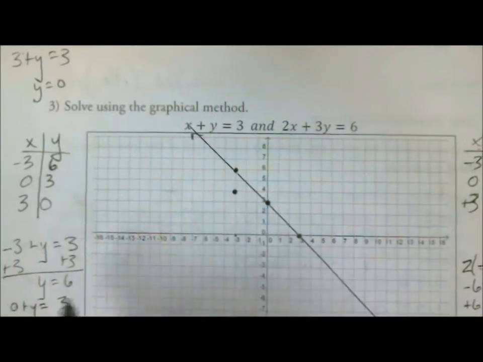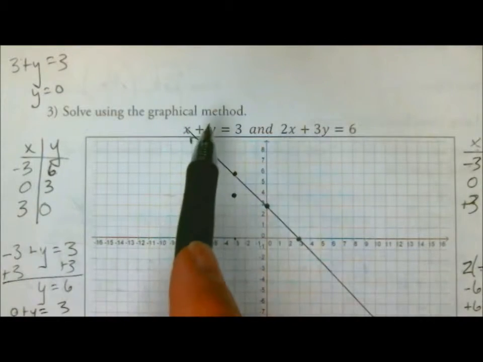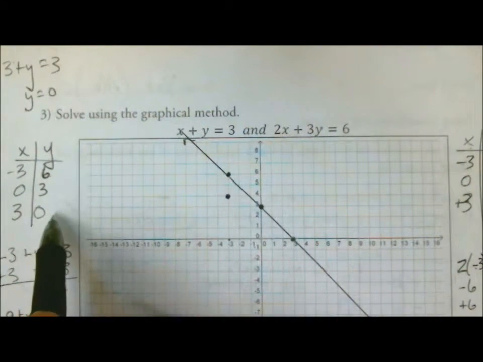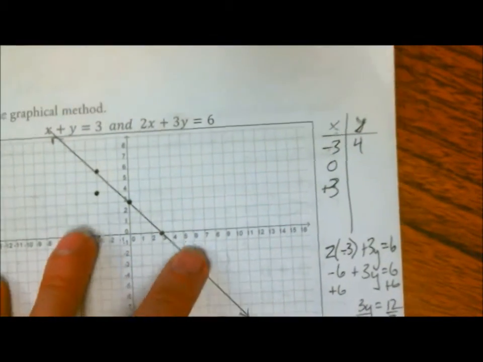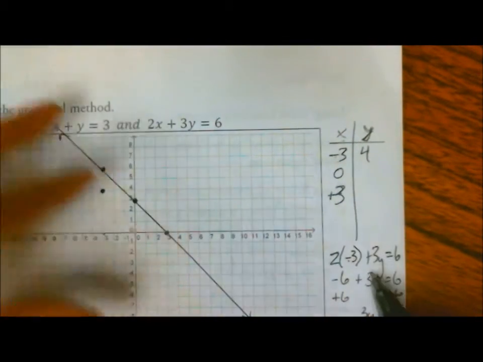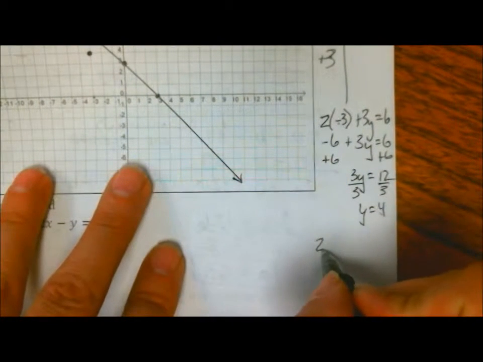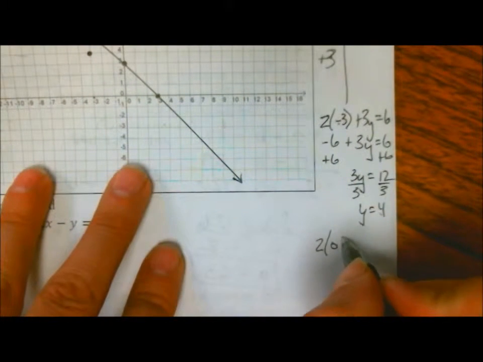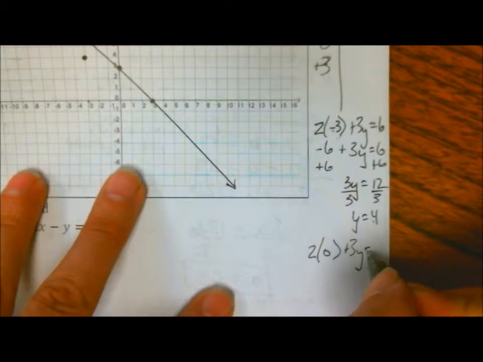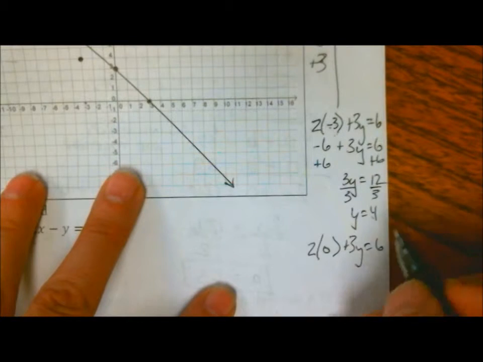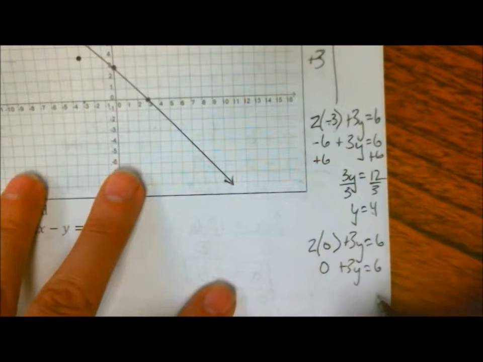The other thing I'm seeing is some of you are trying to put both equations on one t-chart. Each equation needs its own separate t-chart. It will create 2 different lines. So let's put 0 in for x. And down here I get 2 times 0 instead of -3 plus 3y equals 6. 2 times 0 is 0, plus 3y equals 6.